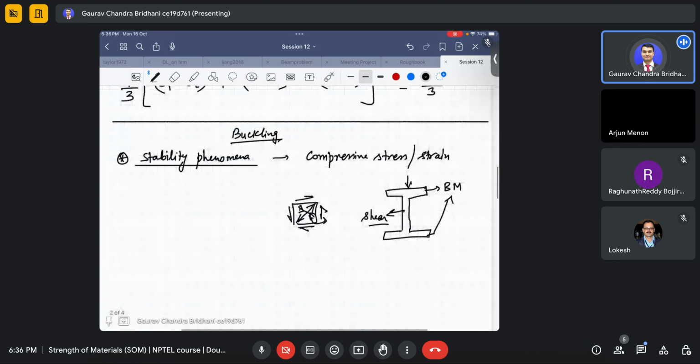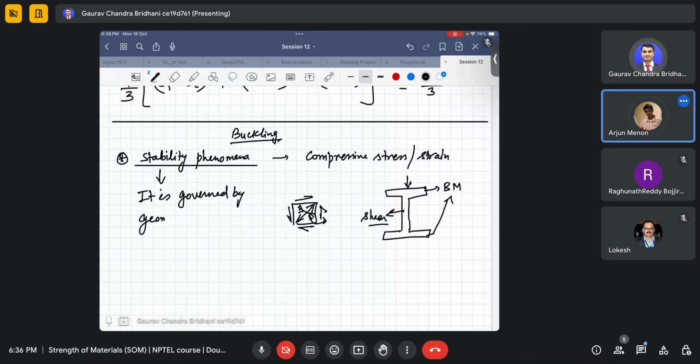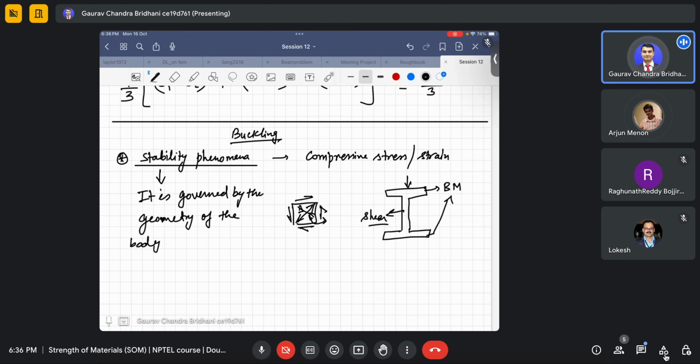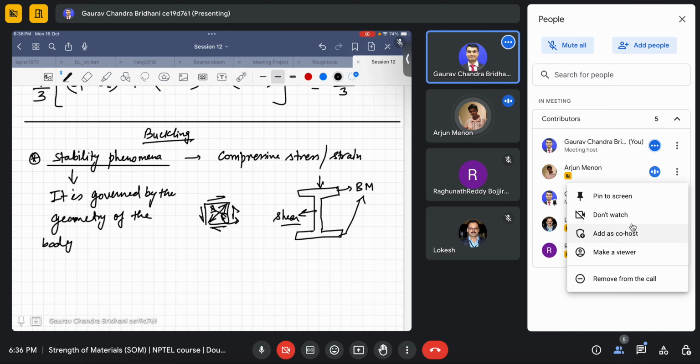Basically, buckling is a stability phenomenon, and it is governed by the geometry of the body. Whatever the geometry of the body is, that governs the buckling.